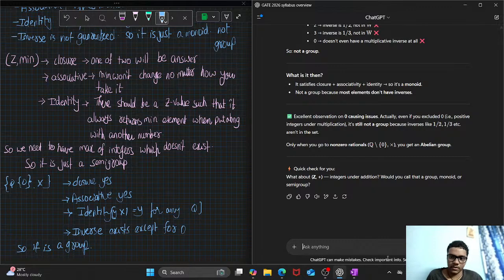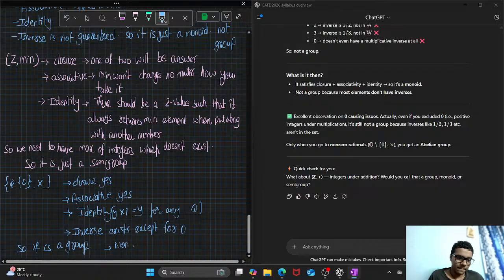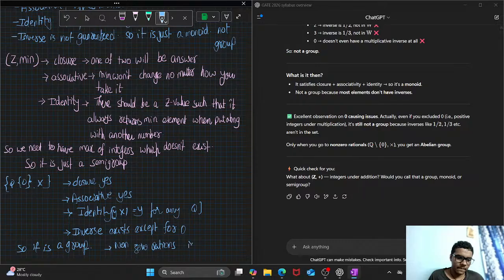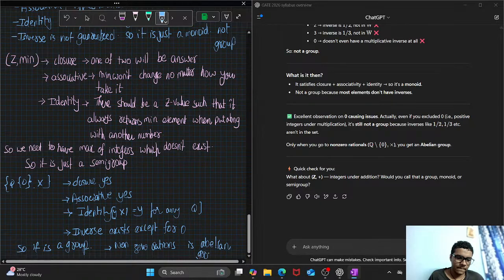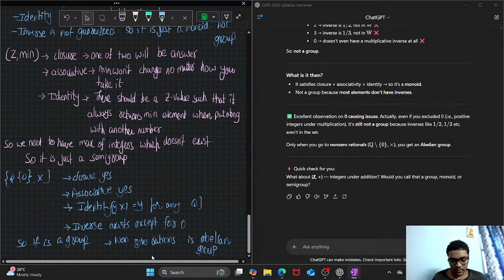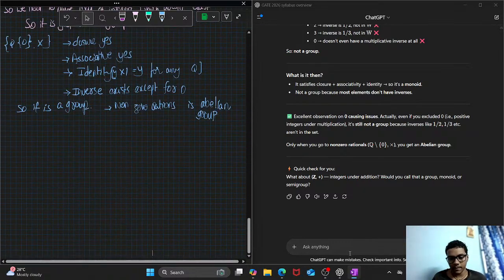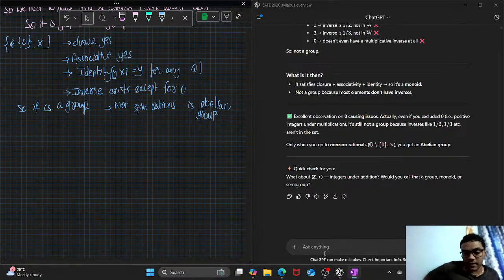Integers under addition: yeah, they are closed, they are associative, and they have an identity element which is zero.